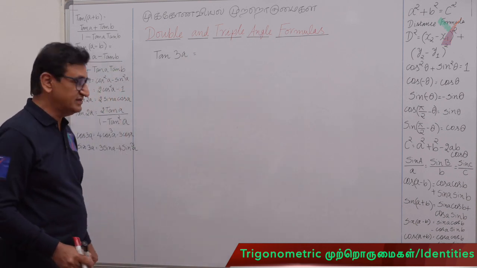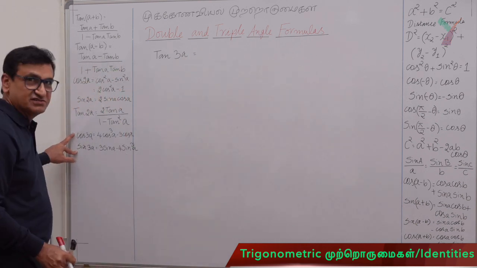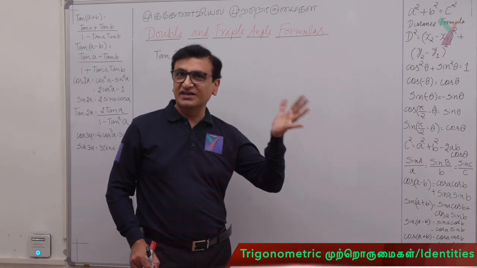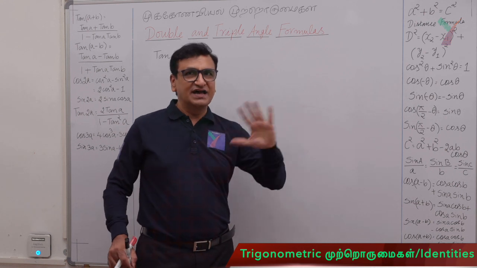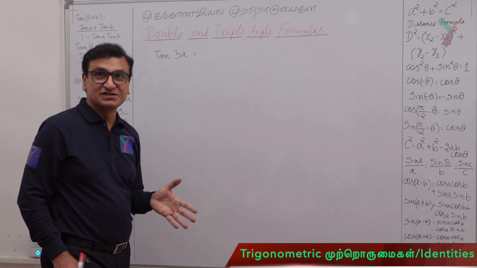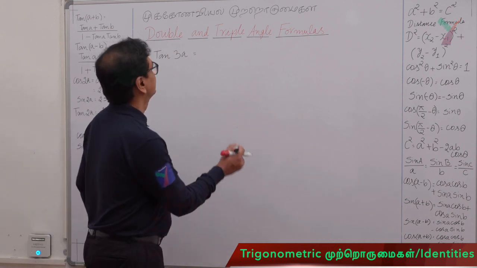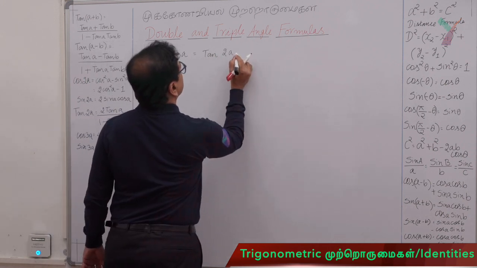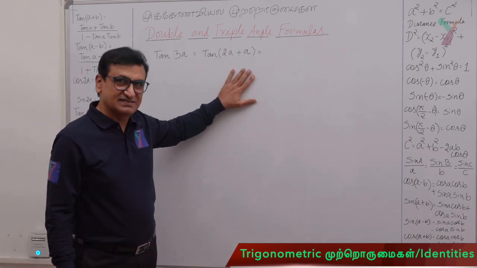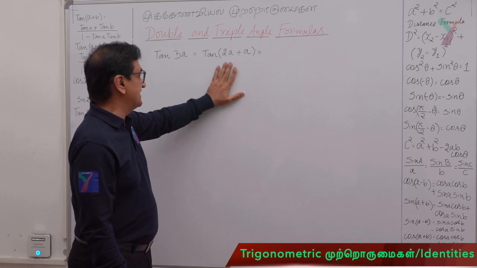There are 2 ways of doing it. You can use the sin 3A and cos 3A formulas and write it as the ratio of sin 3A to cos 3A. That is one way. Another way is to use the tan 2A formula and work out afresh. We will do the second method. So I'm going to write it as tan 2A plus A. What is tan 2A?